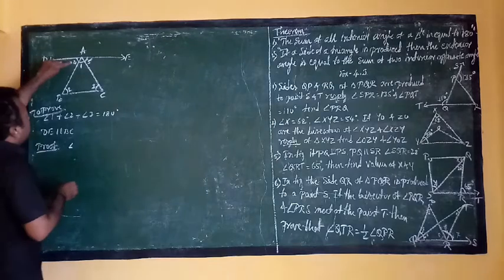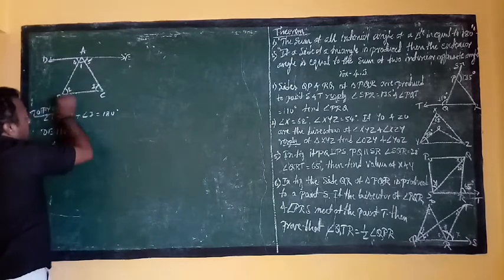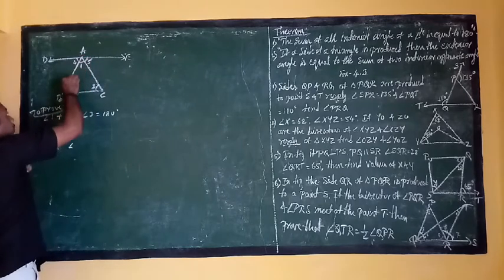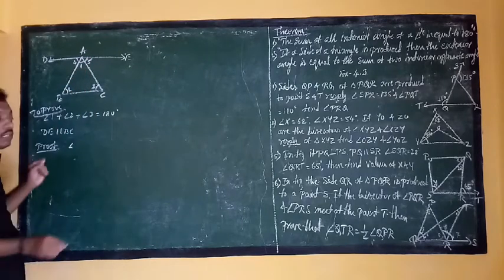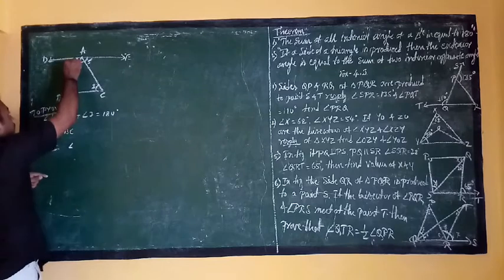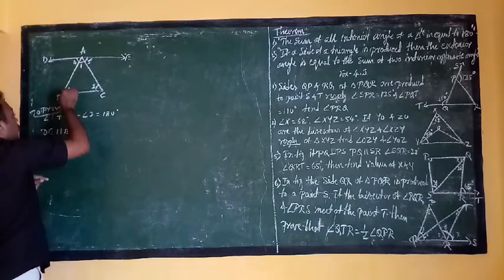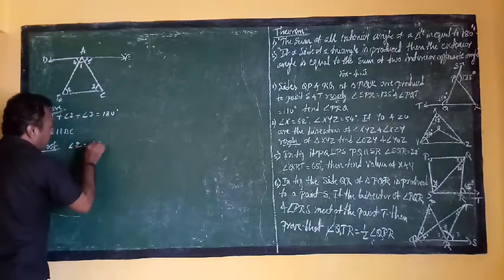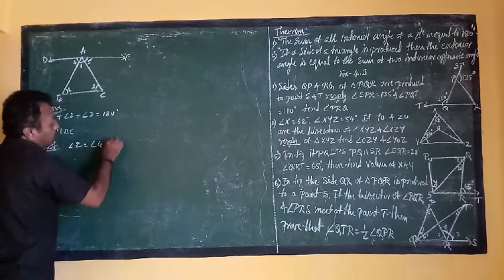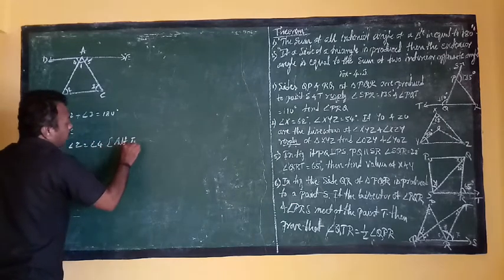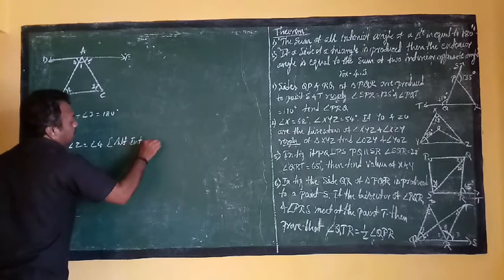Firstly, angle 4 and angle 2. See here, DE is parallel to BC. Automatically AB is a transversal. Therefore angle 2 is equal to angle 4. Can I write angle 2 is equal to angle 4 because of alternate interior angles, correct?